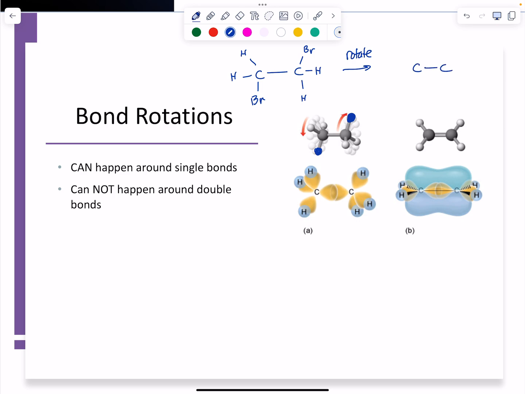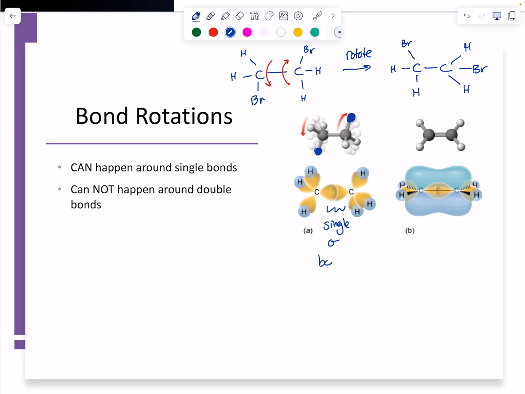So if I rotated this one down, what would happen is this would be a hydrogen, the bromine would be here, the hydrogen would be here. If I'm rotating this one in the other direction, I could get the bromine up here. So that's what I mean by bond rotation. I mean the things that are attached at the end of a stick can spin around. That's what we get when we have a single sigma bond.